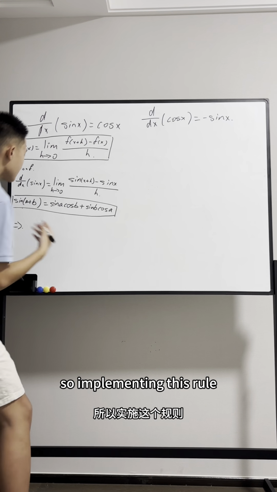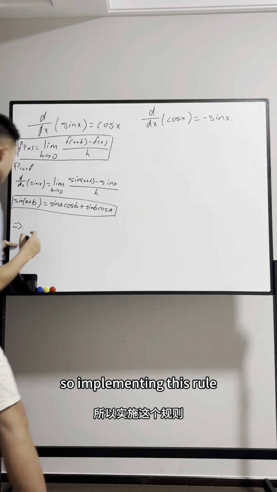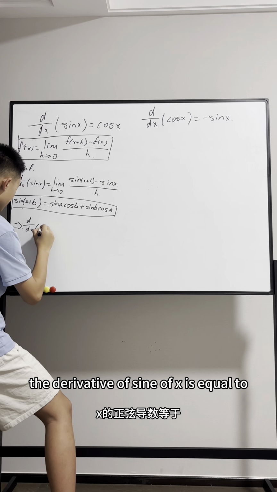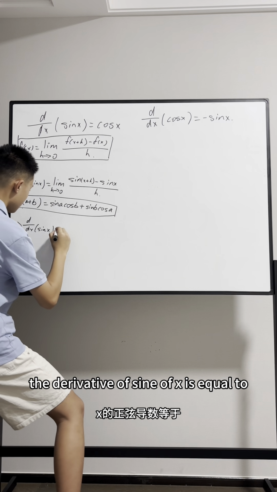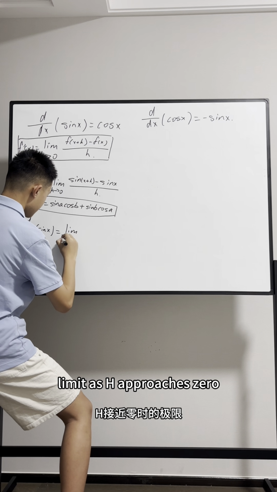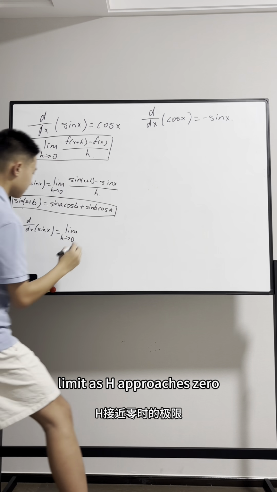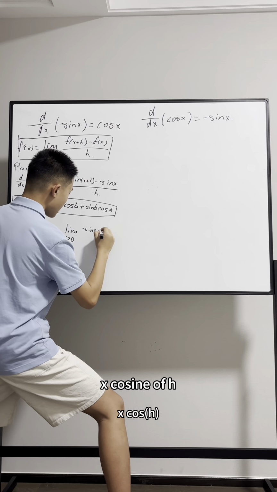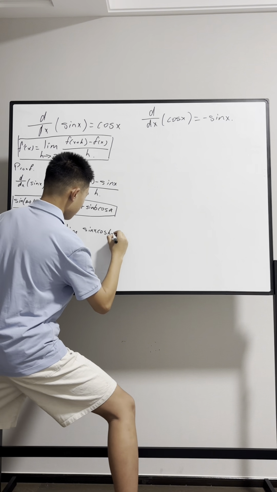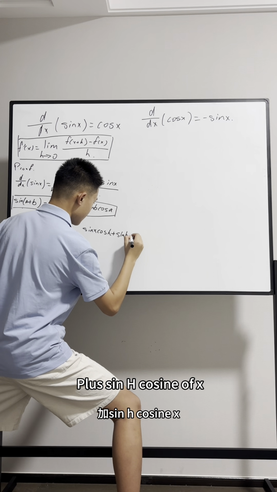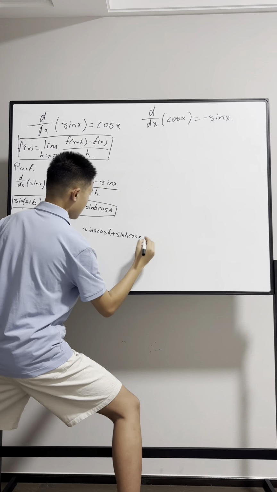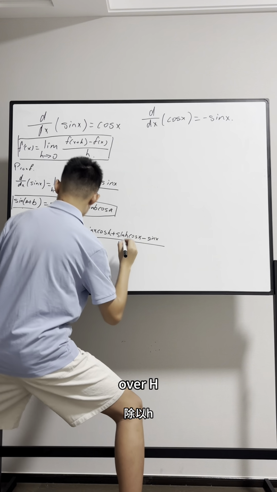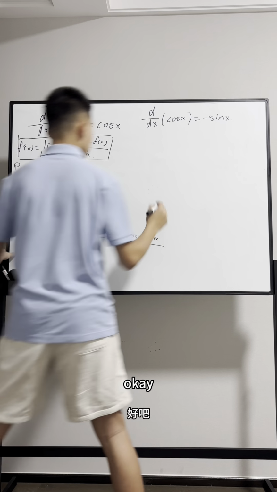So implementing this rule, we get the derivative of sine of x is equal to the limit as h approaches 0 of sine x cosine of h plus sine h cosine of x minus sine of x over h. Okay?